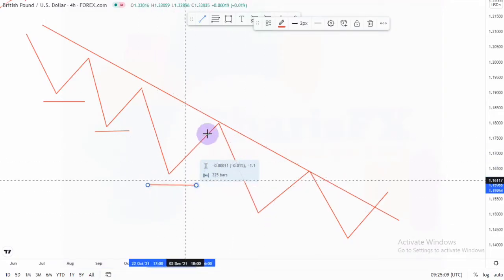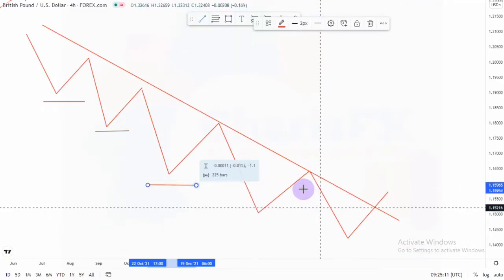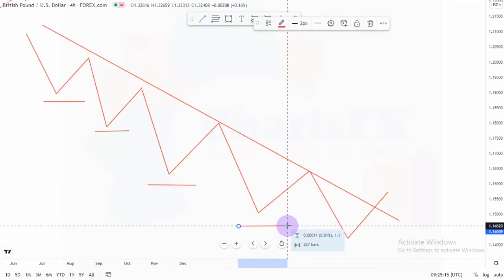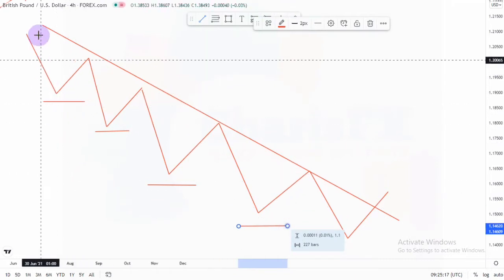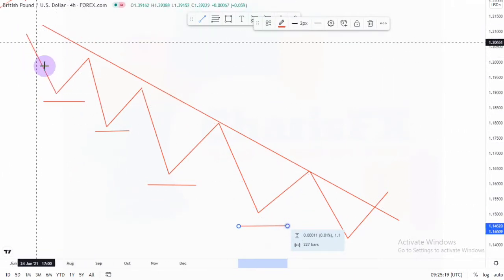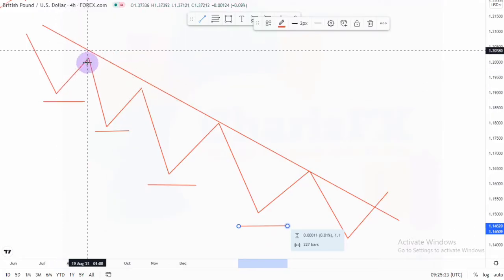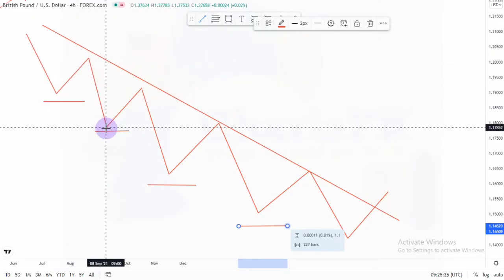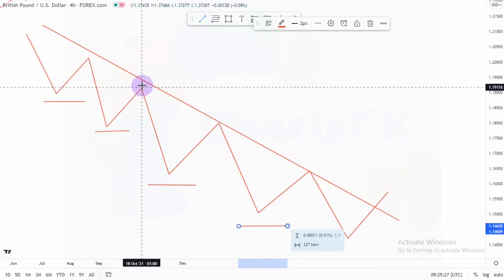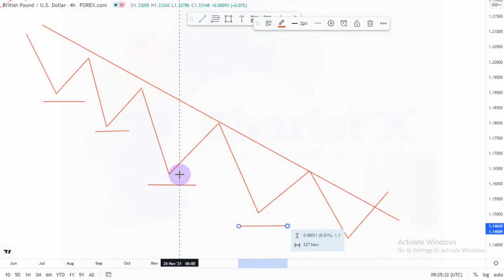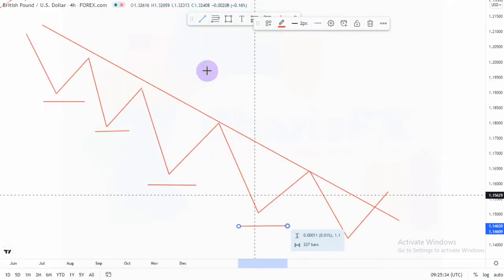This low is lower than this low, then the next low is also supposed to be lower than the previous low. Price gives you an impulse move to form the lower low, and a retracement or corrective move to form the lower high. This is what forms a bearish market structure overall.